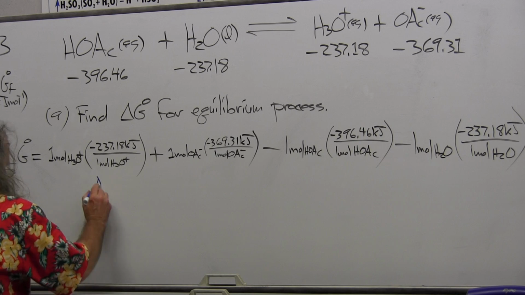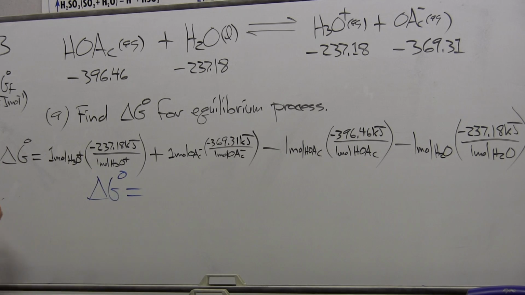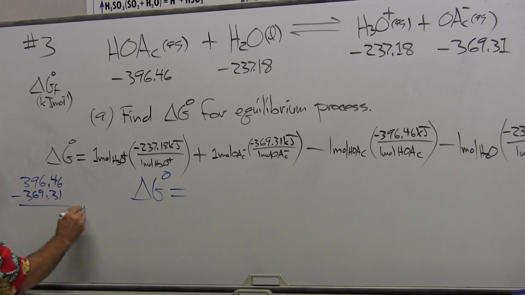So delta G is equal to 396.46 minus 369.31.